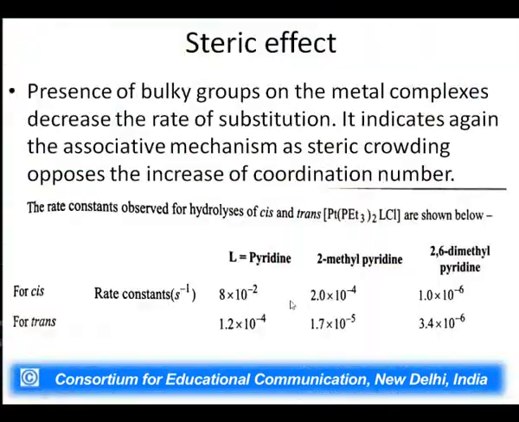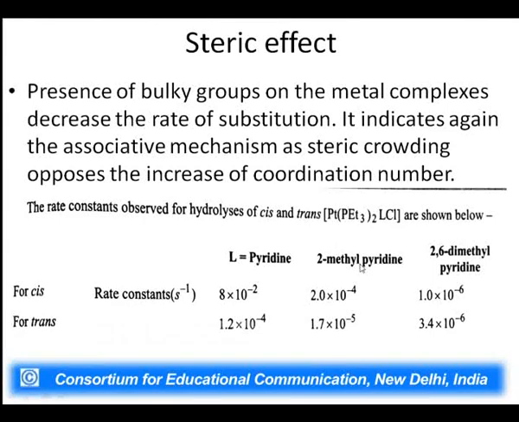This can be generalized from the rate constant of hydrolysis of this equation, that is hydrolysis of cis-bis(triethylphosphine) with any ligand, which can be pyridine, 2-methylpyridine, 2,6-dimethylpyridine, and chloride. If we vary this ligand from pyridine to 2-methylpyridine to 2,6-dimethylpyridine, we are increasing the steric crowding here.